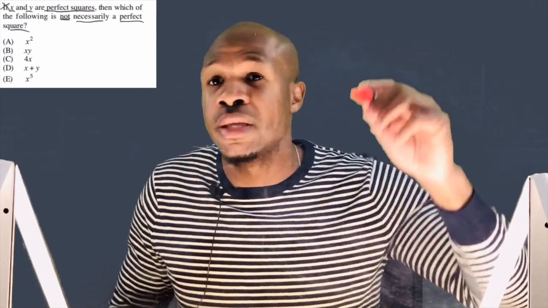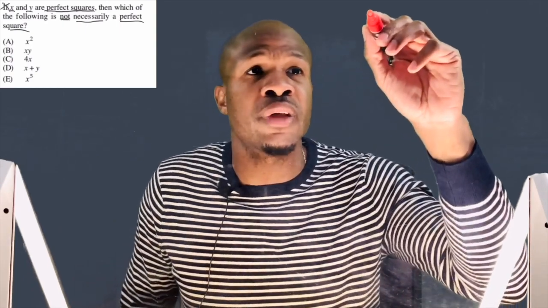So since we know that x and y are perfect squares, and the question doesn't specify which perfect squares they are, we're going to assign them perfect square numbers. And don't let them be the same number, because you want to be able to differentiate which one is x and which one is y. So I'm going to give them different perfect square numbers.